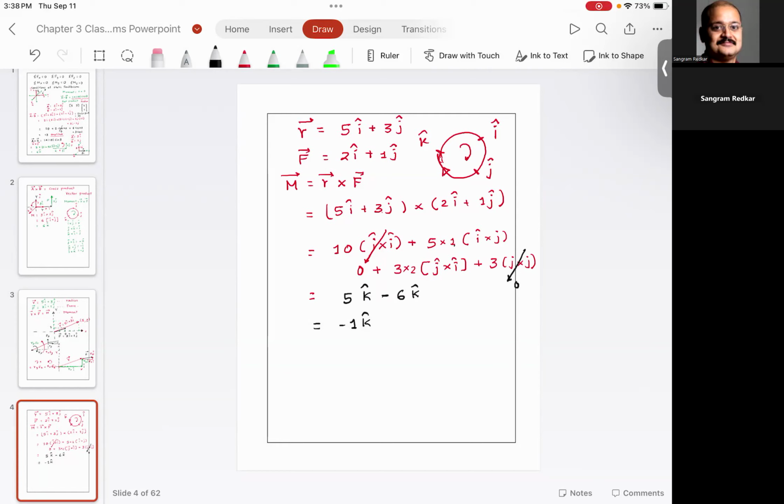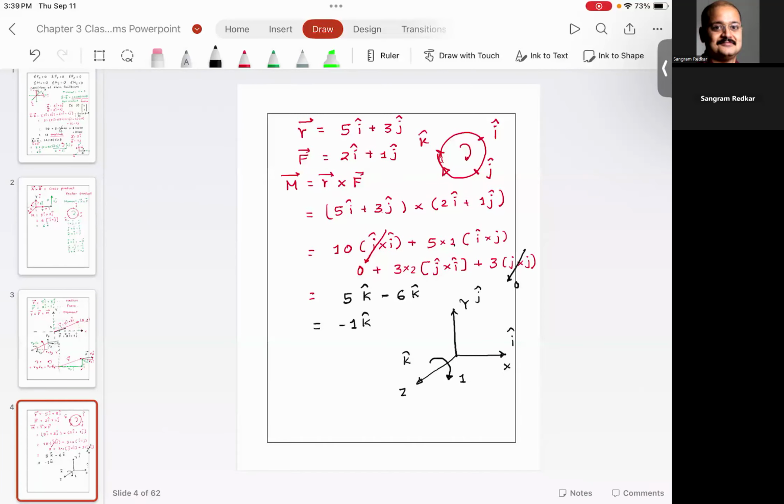Minus 1k means that my moment is like this, because if you curl your fingers in the direction of the moment, my thumb is pointing towards the negative k axis, the negative z axis. This is how the moment is represented.